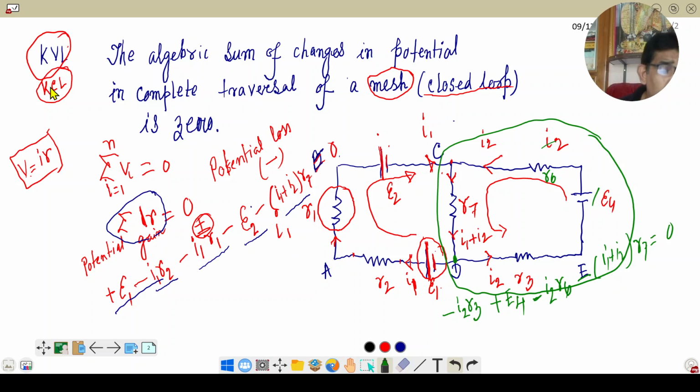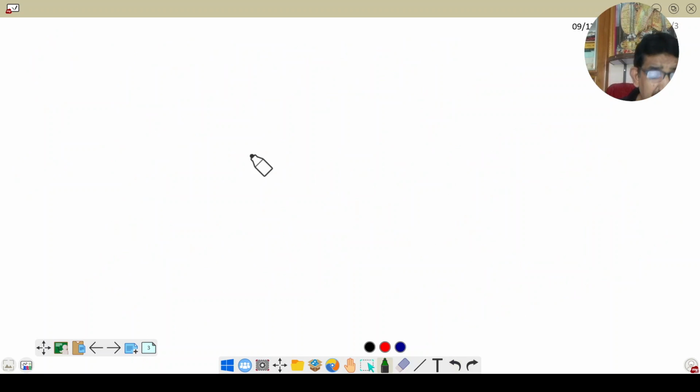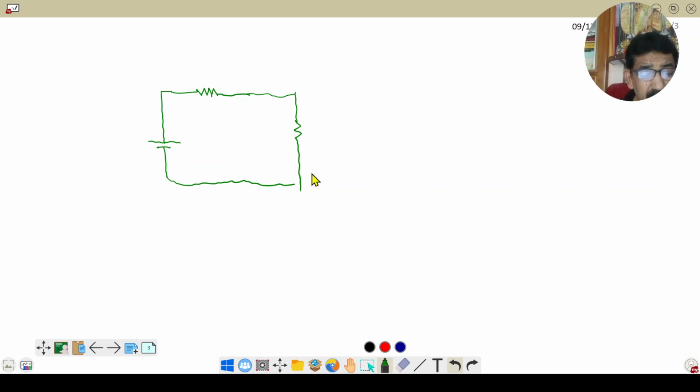Now we are going to a simpler circuit. A very simple circuit. It will help you to gain a clear idea about KCL and KVL. Suppose there is a resistance like this. There is another resistance like this. And this is a source of EMF, U1. This is a very common problem.